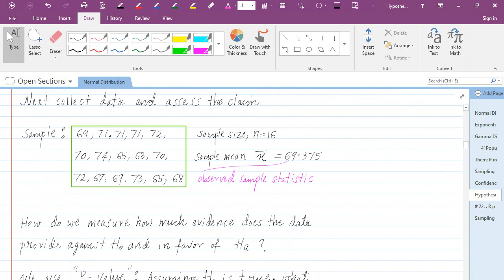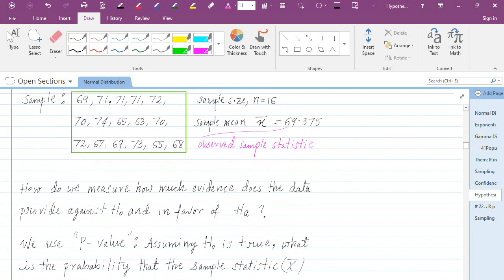Let's say this is the sample that we obtained. This is a sample of 16 measurements of height of BGSU students. Based on this sample, we calculate the sample mean, which is x bar equal to 69.375. You can calculate the mean of these measurements and you're going to get this. This is what we call the observed sample statistic. In this case, this is the observed value of the sample mean.